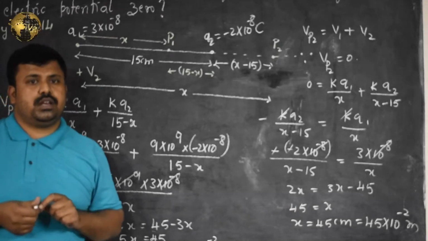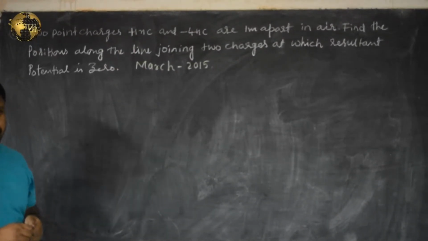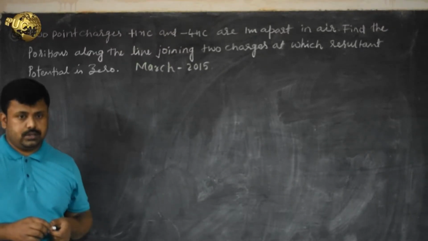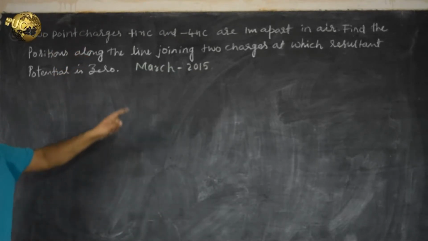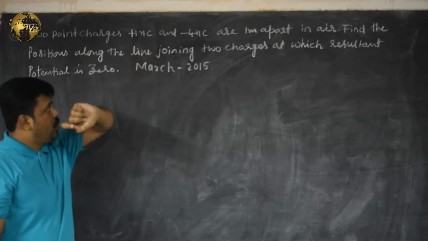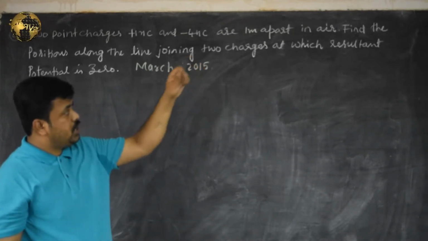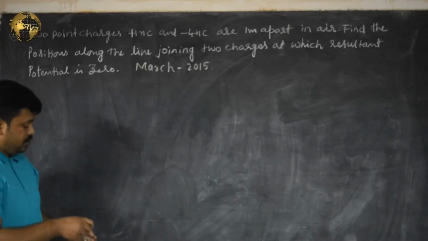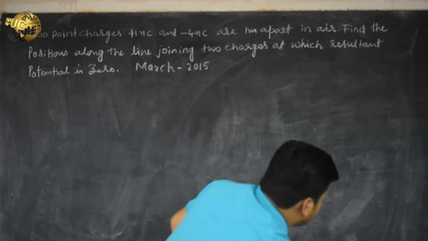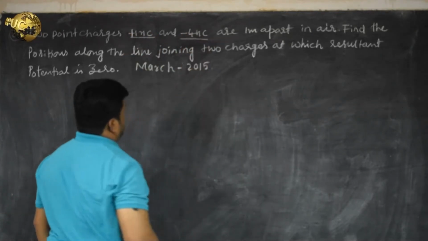So let's proceed to the next question. Here we have question number 3 from the first 2 units. The question says: 2 point charges plus 1 nanocoulomb and minus 4 nanocoulomb are 1 meter apart in air. So we have 2 charges, plus 1 nanocoulomb and minus 4 nanocoulomb.